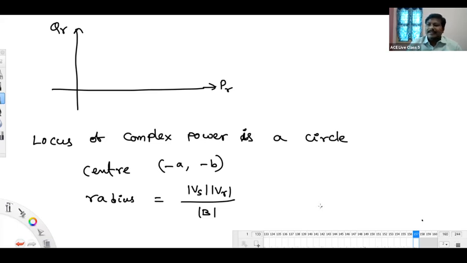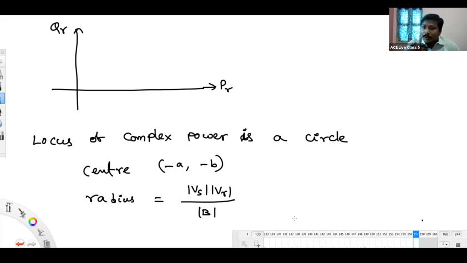So next we are going to discuss the two-bus power system network. Mainly, we will try to see how to write the real and the reactive power equations in that, and how to decide the real power flow direction, as well as the reactive power flow direction.